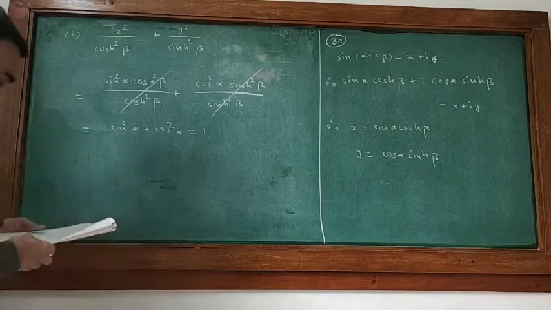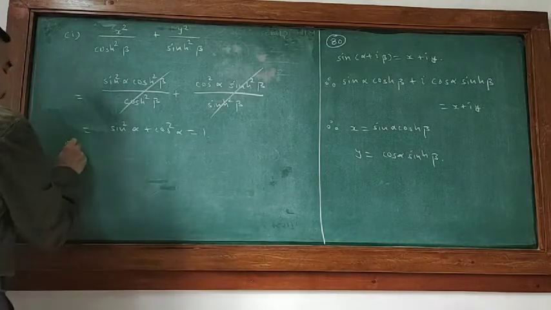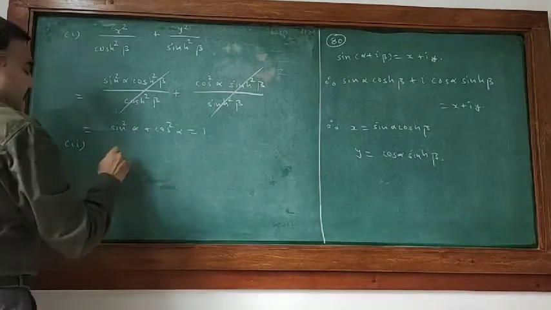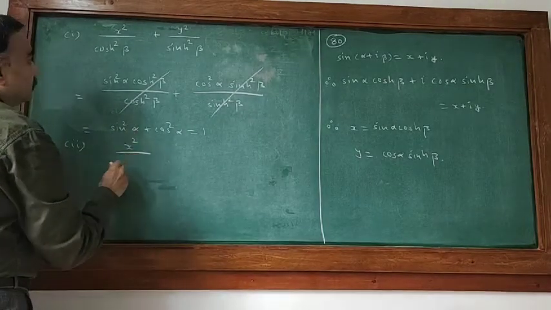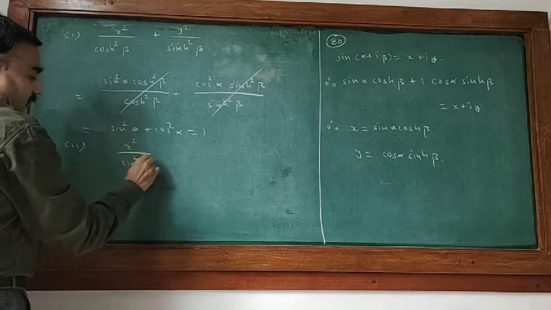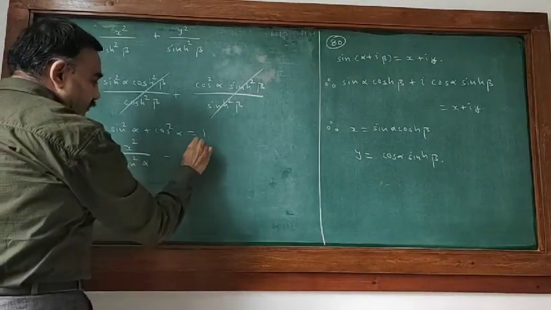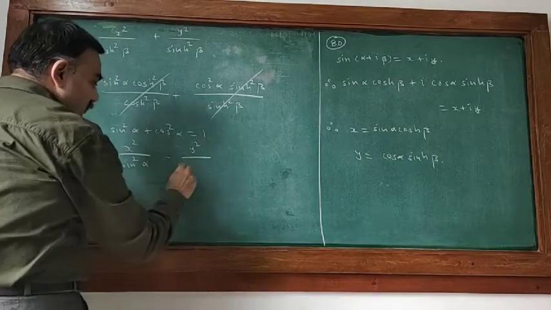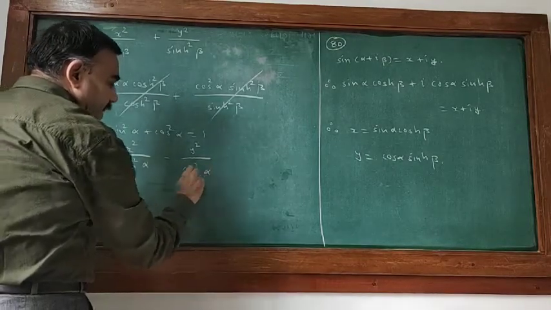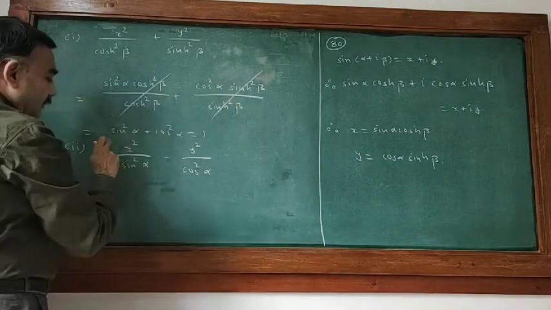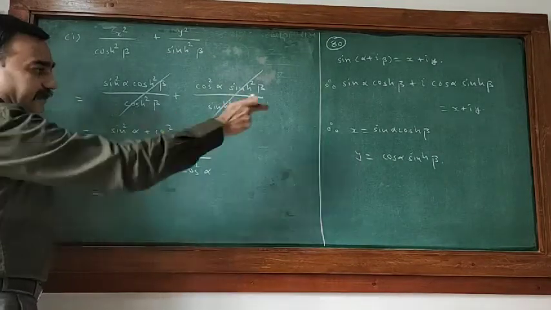So the first result is obviously very easy. Now we go through the second one. In the second one, we have x square upon sin square alpha minus y square upon cos square alpha. Now we have the values of x and y there.